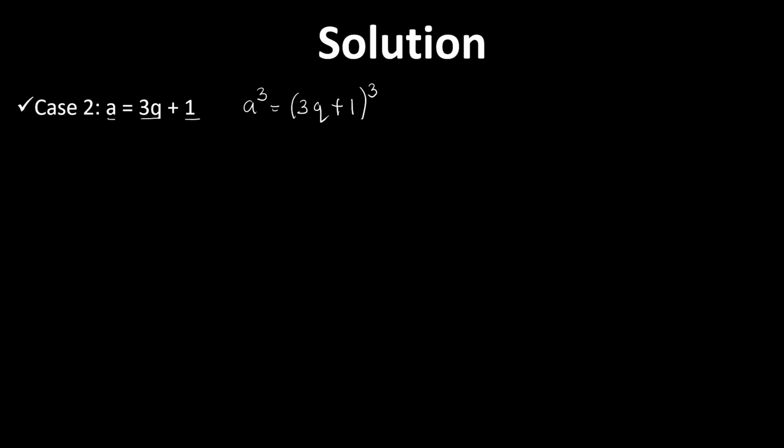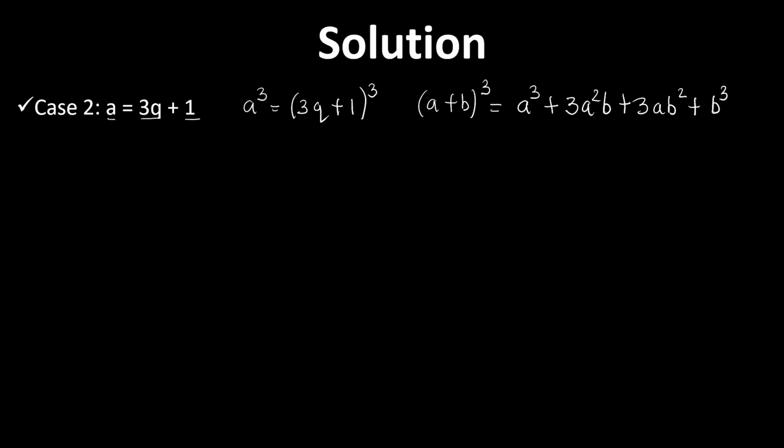So how to evaluate this? We will be using the identity which says a plus b whole cube is equal to a cube plus 3a square b plus 3ab square plus b cube.